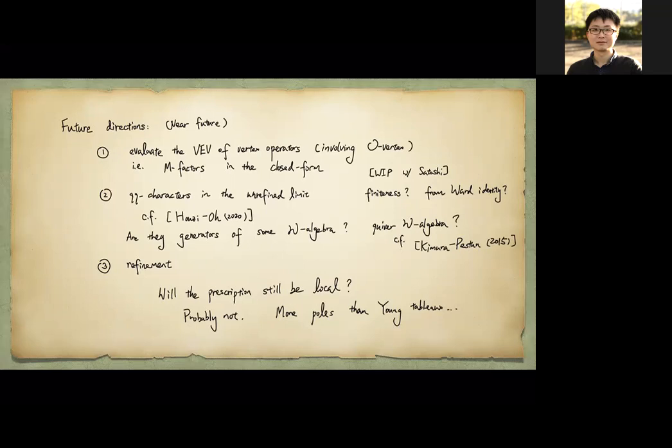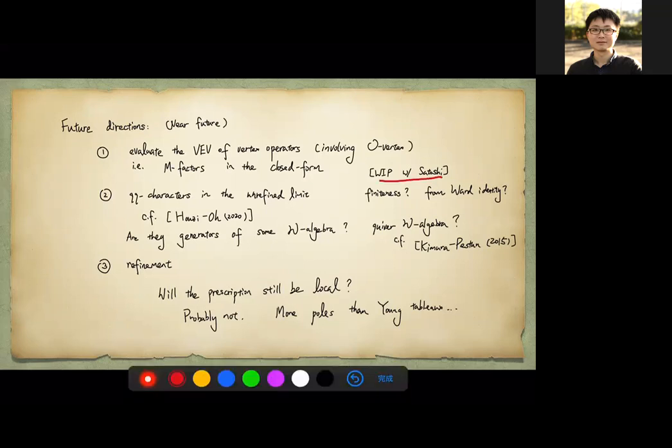What we want to do, and this is also what we are working on with Satoshi, is that we think we can write the M factors in a closed form. So the analysis will be more analytic and more controllable in the future, I hope.